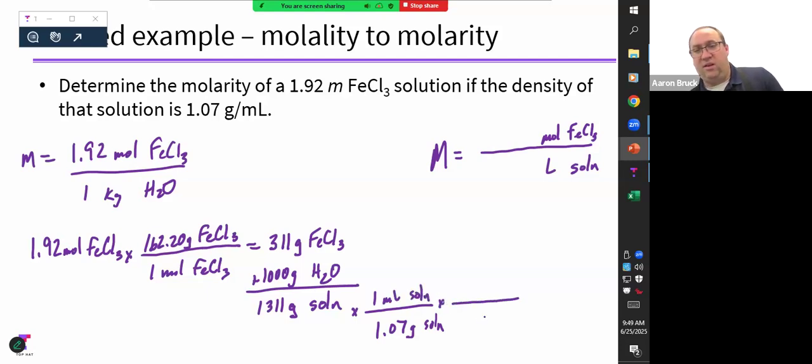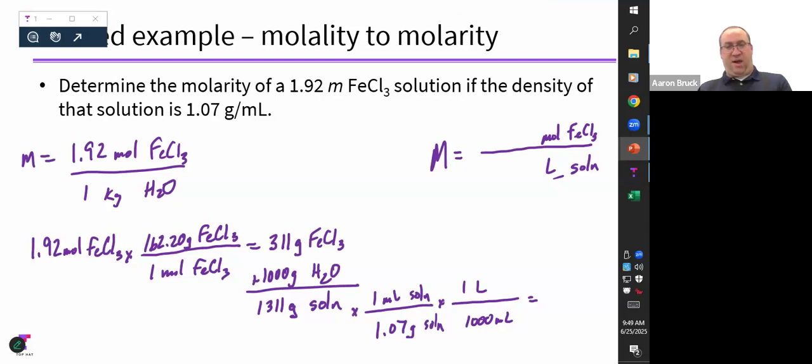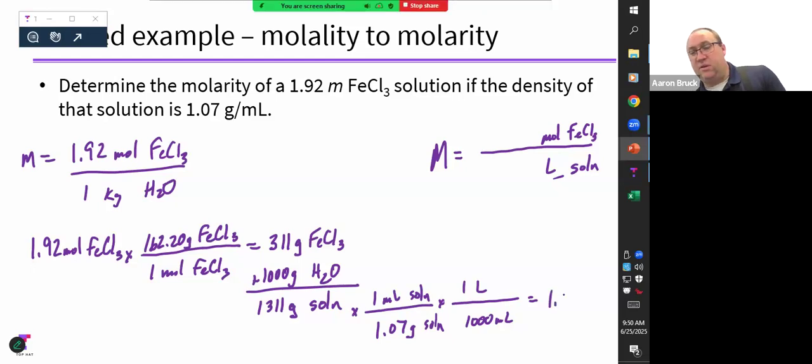And then we want 1,000 milliliters to make 1 liter, since we have to deal with liters of solution here. So 1,311 divided by 1.07 divided by 1,000, and we get to 3 significant figures because of the density, 1.23 liters.